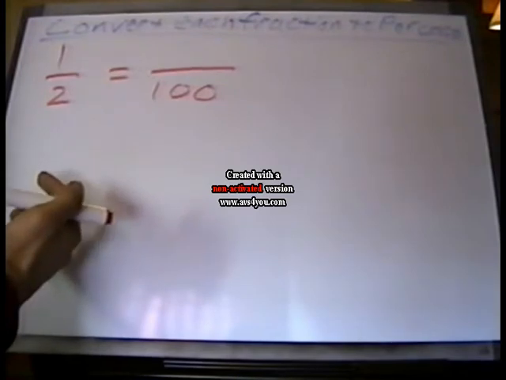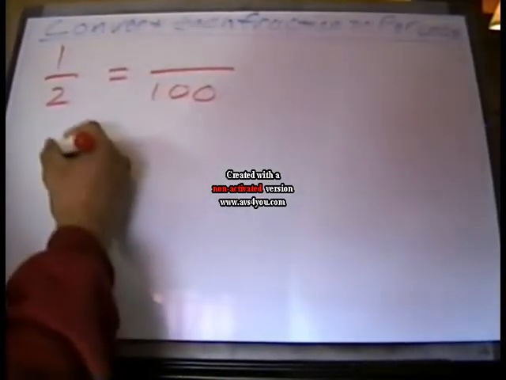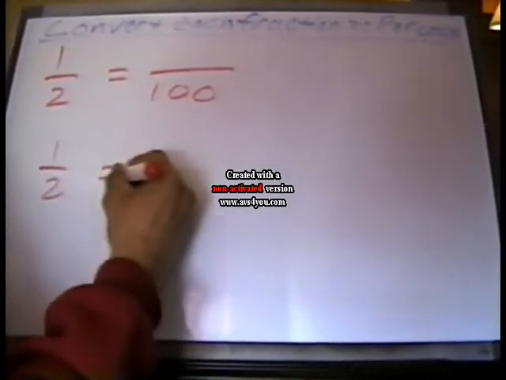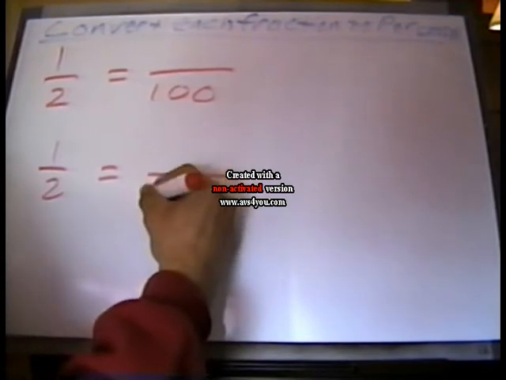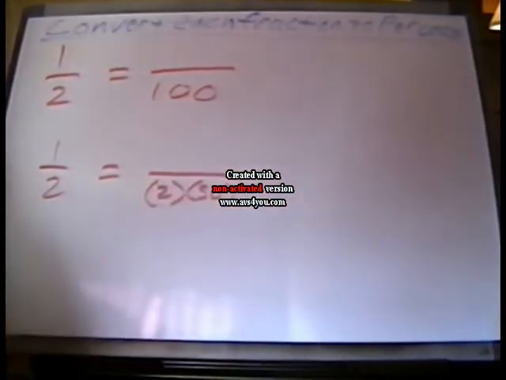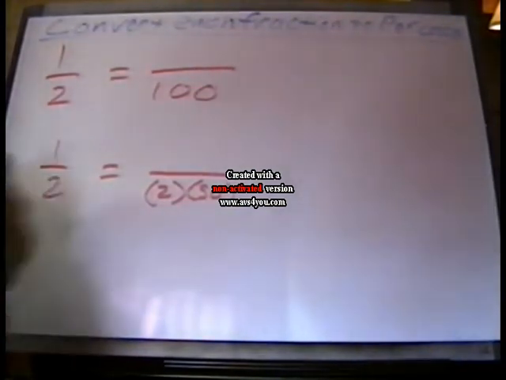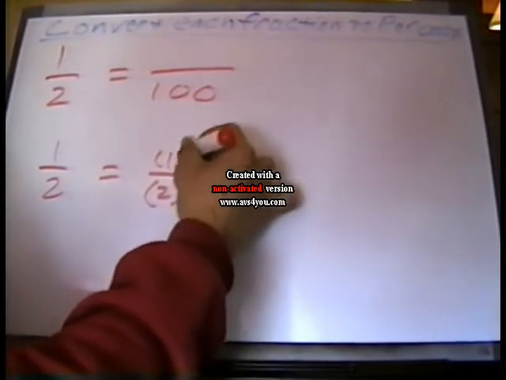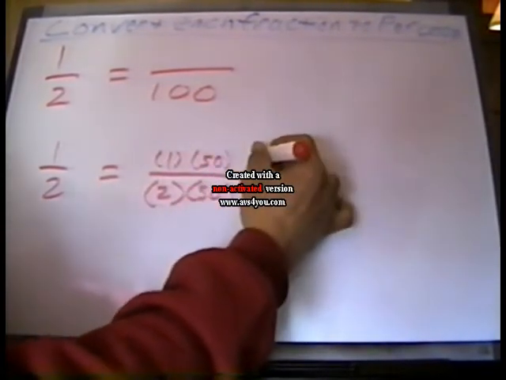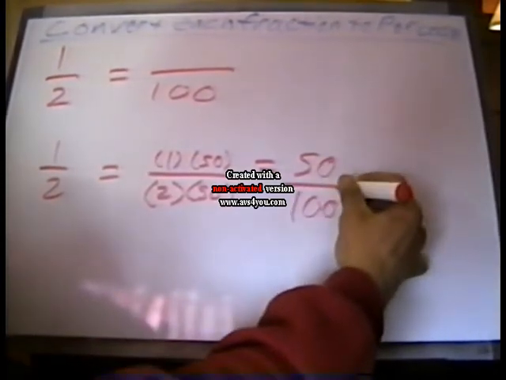The first question is, okay, now what number did I multiply 2 by to get 100? So 2 times 50 is 100. Okay? So I'm going to multiply 1 by 50 as well. That gives me 50 over 100.